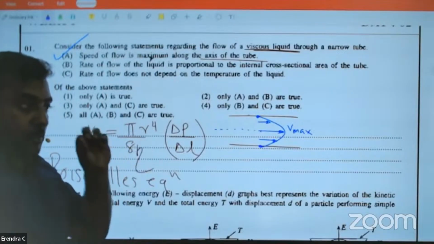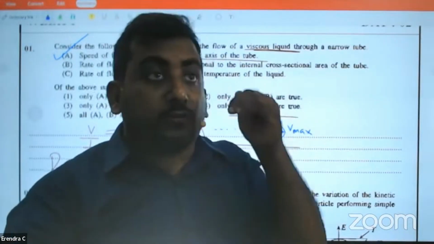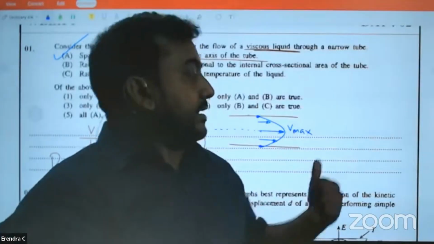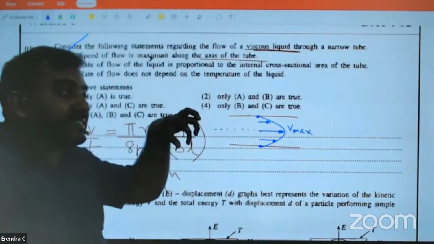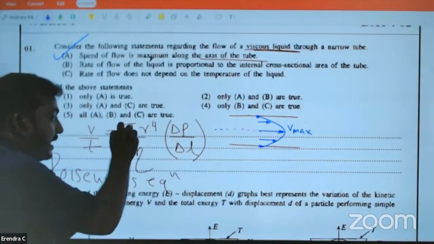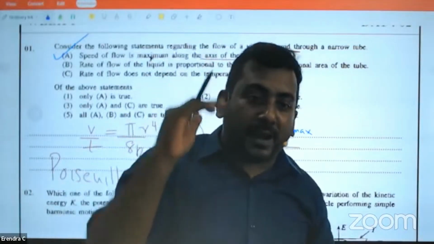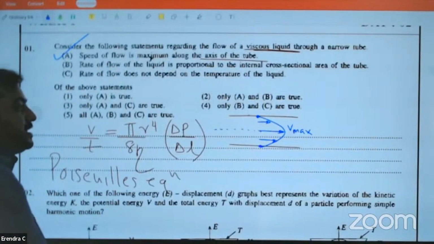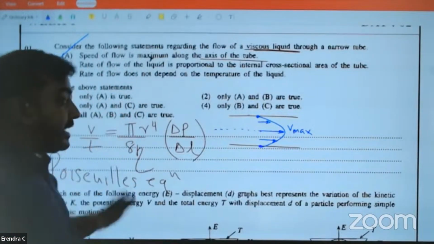No. Poiseuille's equation tells you volume flow rate is proportional to the 4th power of the internal radius and the pressure gradient. So you can't say area. The pi is coming not because of the area, but because the proportionality constant is pi divided by 8.